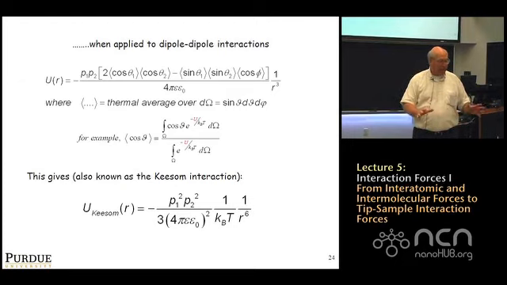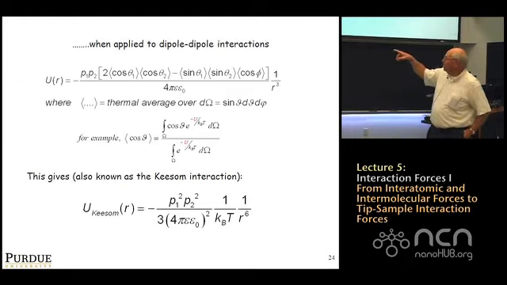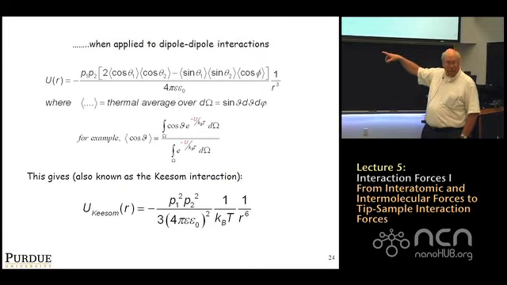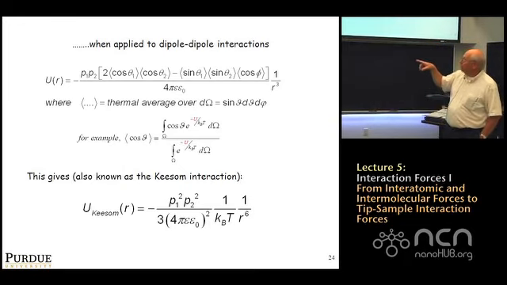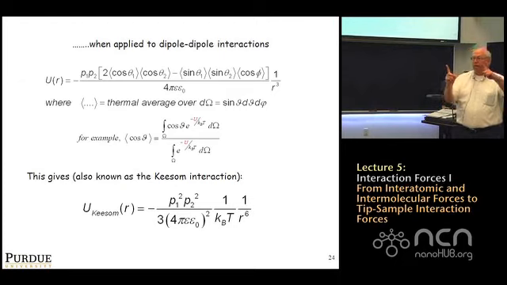Complicated calculation. At the end of the day, you find out something called the Keesom interaction, which is the thermal average of two dipoles, one with respect to another, separated by a distance r, as they fluctuate back and forth due to thermal energies. And that Keesom energy doesn't look at all like the energy for two static dipoles.